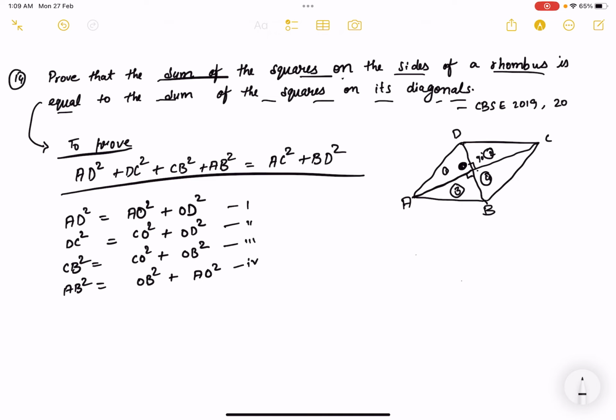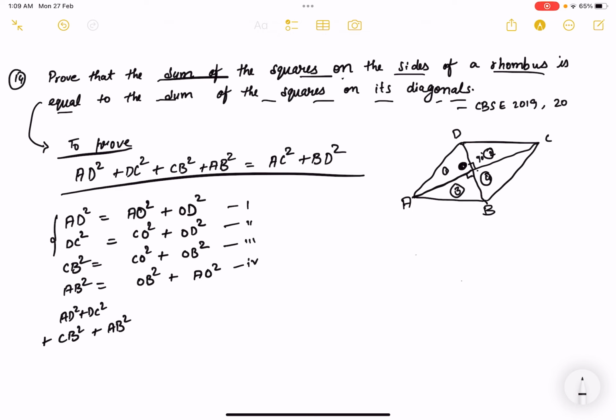Let's add all the four equations. On the left hand side we have AD square plus DC square plus CB square plus AB square.